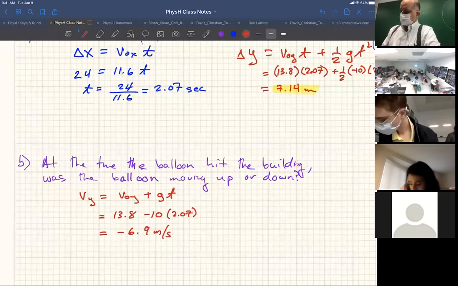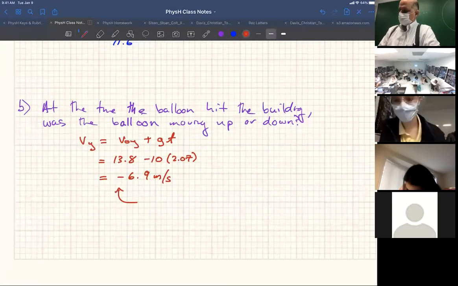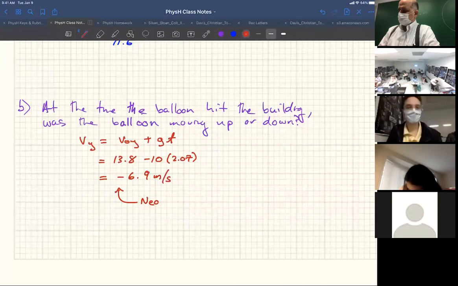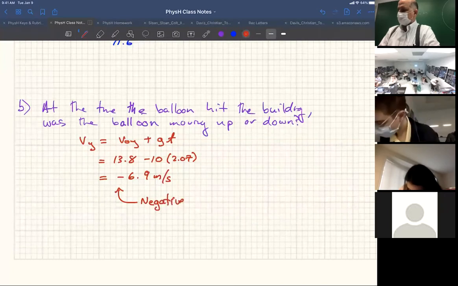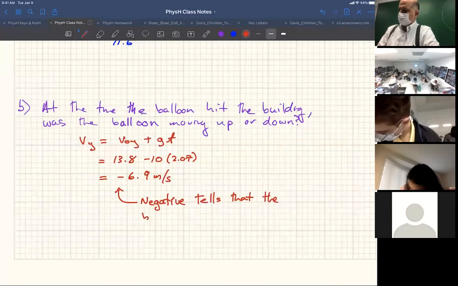Meters per second. So the negative tells us that the balloon was moving down.